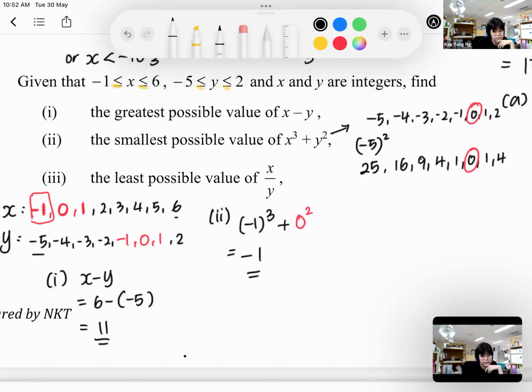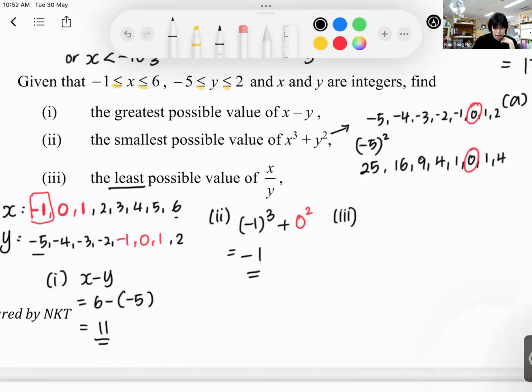Have you gotten your answer? Next, last part, they want the least possible value. When they want the least possible value, we try to make the number negative. Then my next question, part 3: am I going to make x over y, am I going to make x negative?